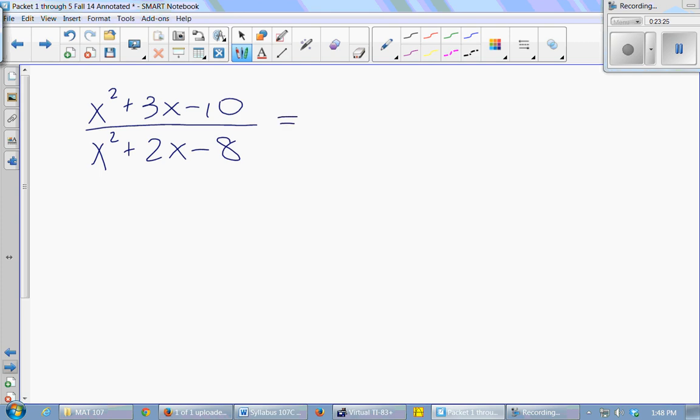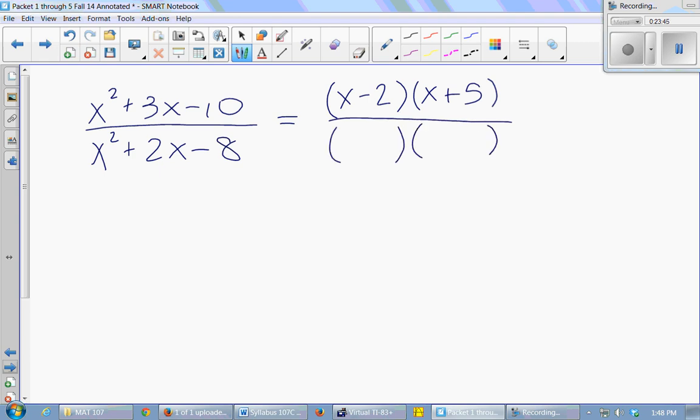Okay, so factor, factor, factor. So my numerator, make my double bubble, put my x's in, and then I need two numbers that multiply to -10 but add to 3. -2 and +5, good. And then this one we already factored when we did the domain. This was x plus 4, x minus 2.